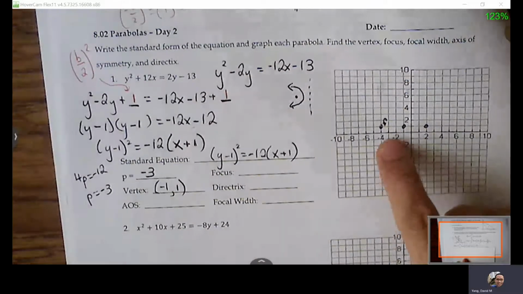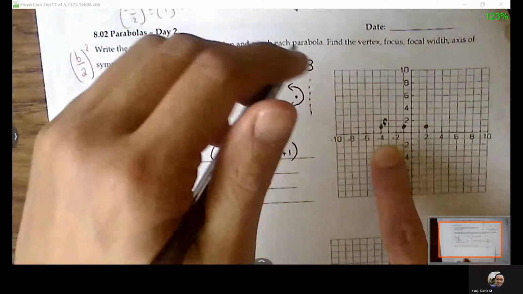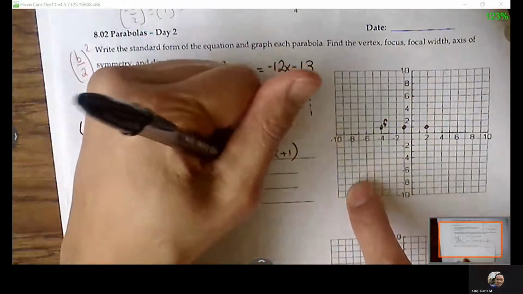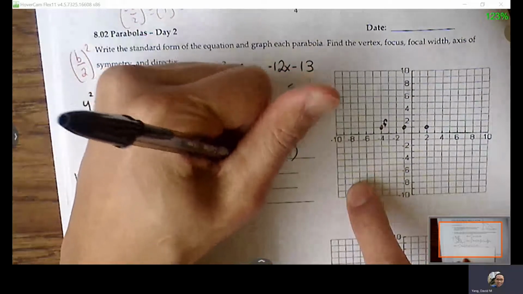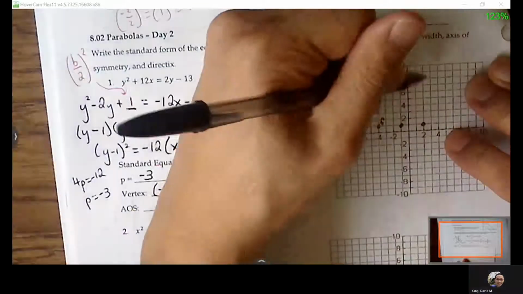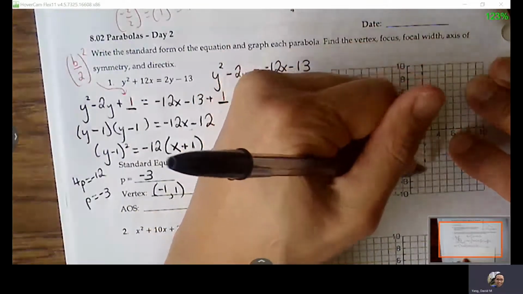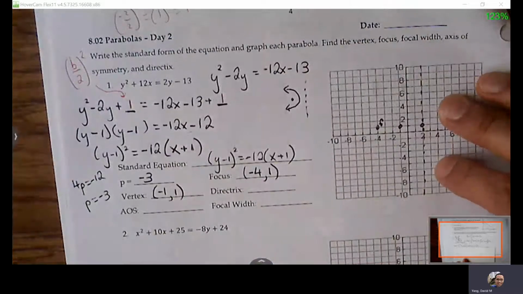Once you plot that point, you can locate that ordered pair for your focus. Directrix is not going to be a point, but it will kind of help you know where to draw that vertical line.